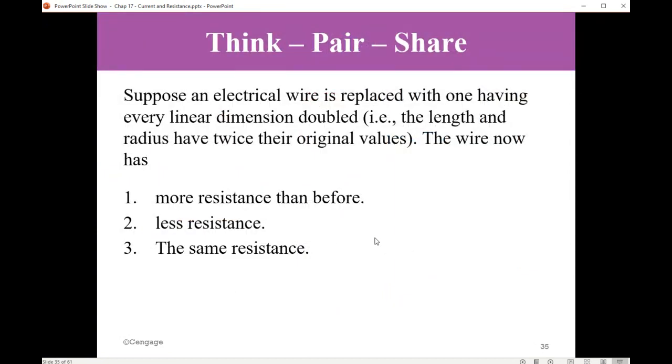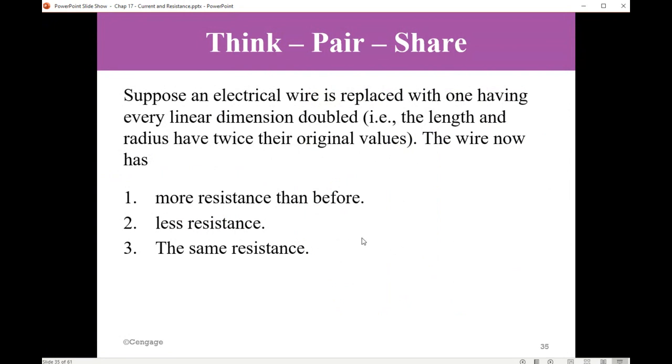Suppose an electrical wire is replaced with one having every linear dimension doubled. The length and radius have twice their original value. The wire now has more resistance, less resistance, or the same resistance?